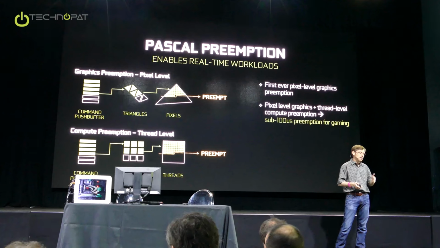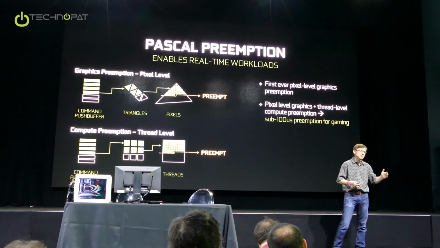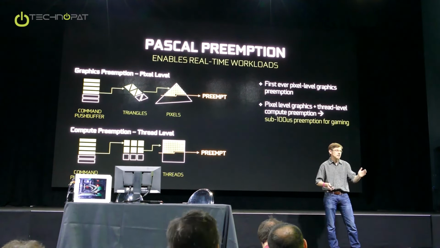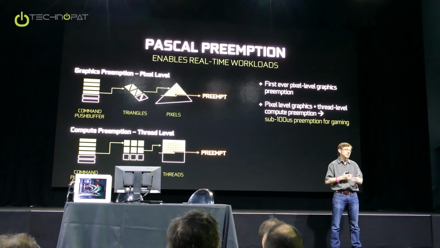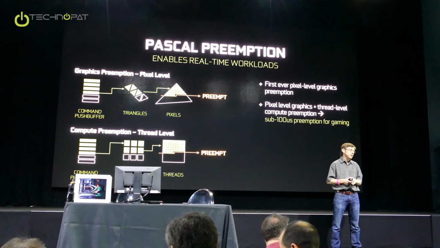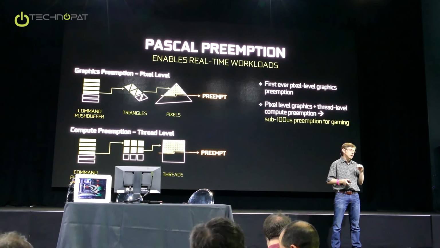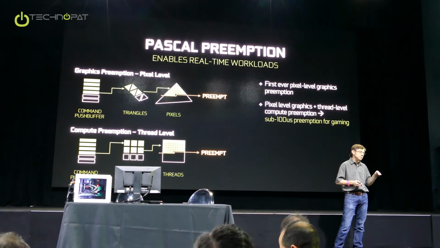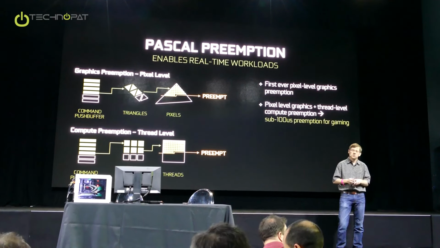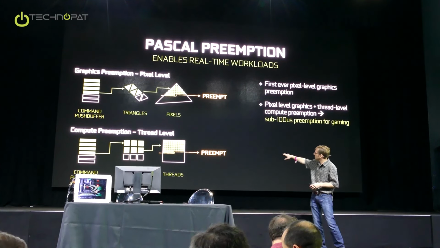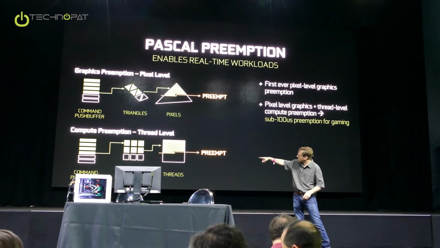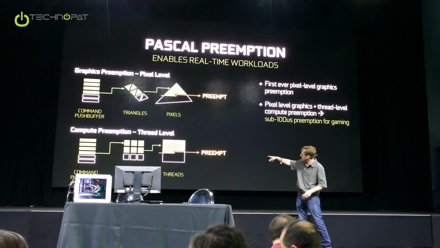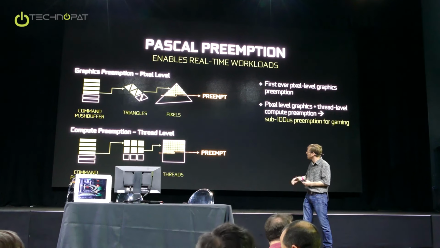If you want to preempt at that command push buffer level, you're going to have to drain all of that work out. It's going to take a long time, and you're not going to be able to deterministically get a sense of when you get on the machine. So for compute, in Maxwell, we already have the ability to preempt at a thread level. The white there are grids we haven't started running yet.